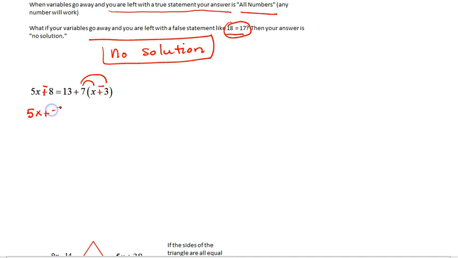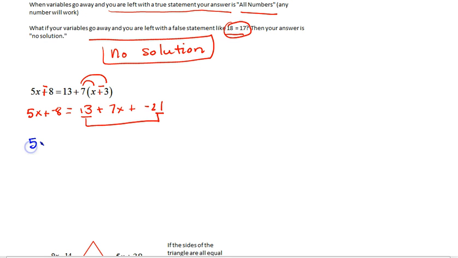5x plus negative 8 equals 13, because I can't do anything with that yet, plus 7 times x is 7x, plus 7 times negative 3 is negative 21. Now, can I simplify anything? Well, nothing over here, but over here I do have like terms.